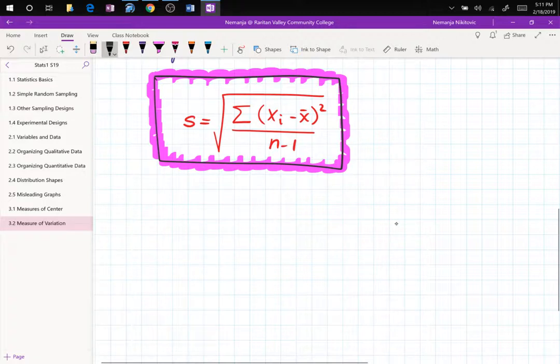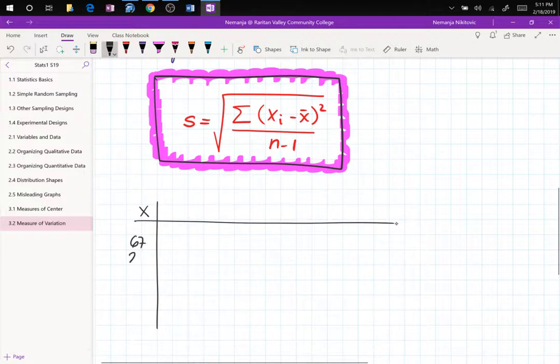That's the fastest way, and just use the order of operations on top. So we have our X entries. Those are the actual heights: 67, 72, 76, another 76, and 84.